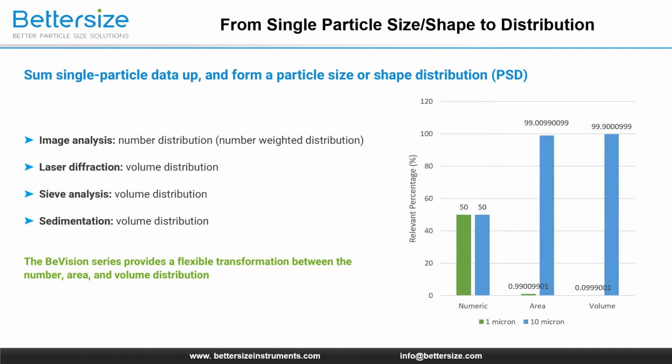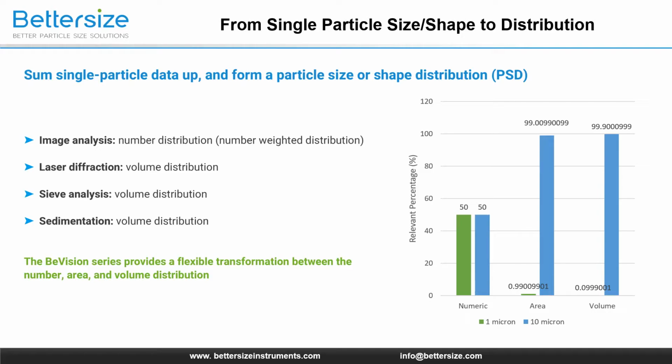In most applications, people care about the size and shape distribution, the PSD, of the whole sample. As we discussed, the image analysis method provides the size and the shape of individual particles. With the single particle data, image analyzers sum all the particles up and do statistics, thus generating the PSD.